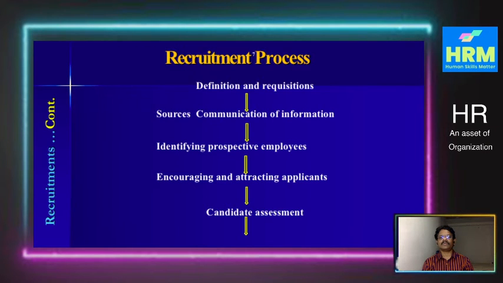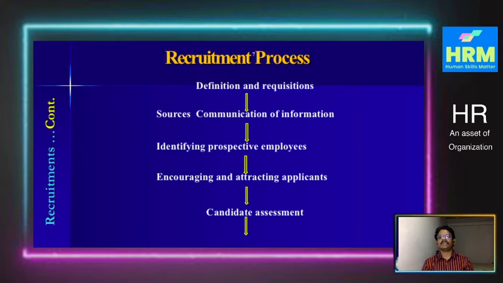If you look at the recruitment process in a flow chart, it starts with definition and requisition. First of all, we have to define what is required, what kind of human resources are required for our organization. Then come the sources and communication of information.